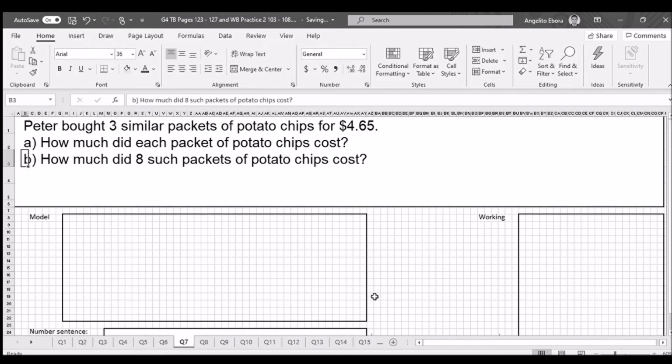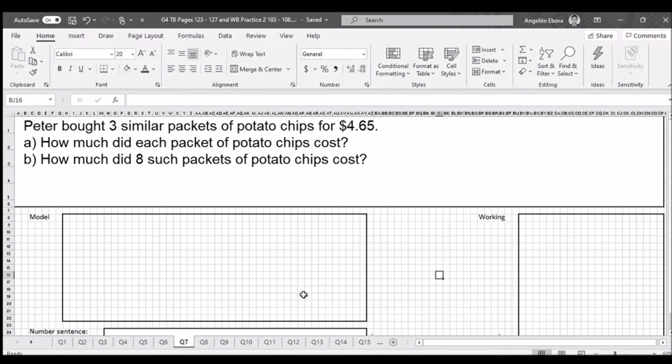Question number 7. This question number 7 is in your workbook, practice 2, solving word problems, page 103. Alright, so question number 7. Peter bought 3 similar packets of potato chips for $4.65.